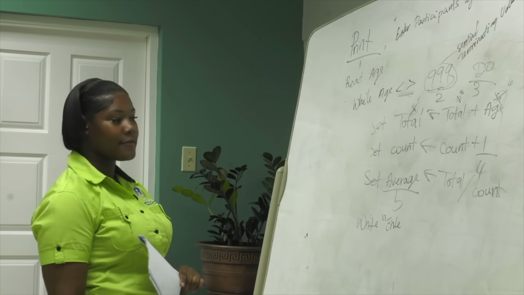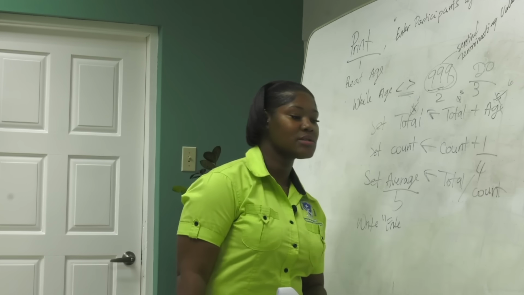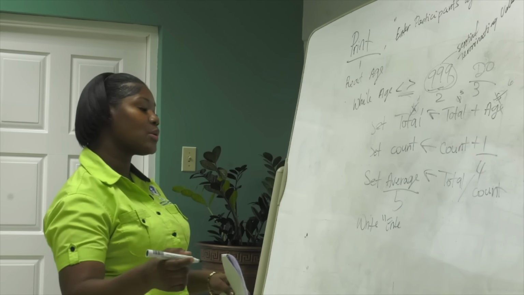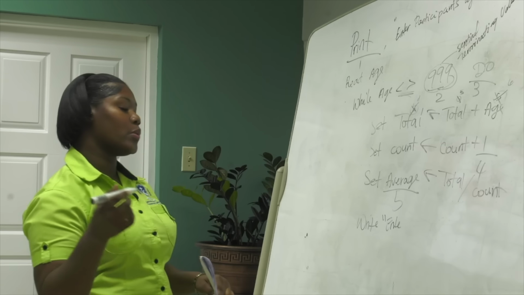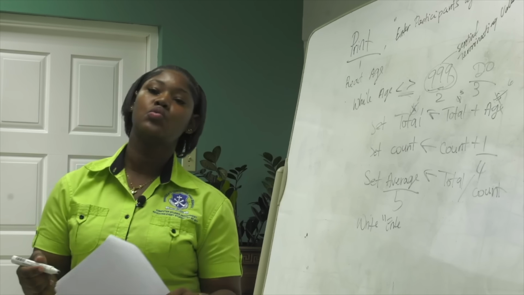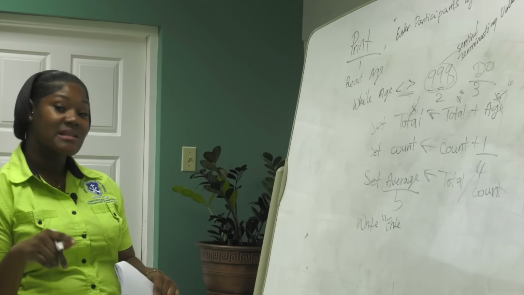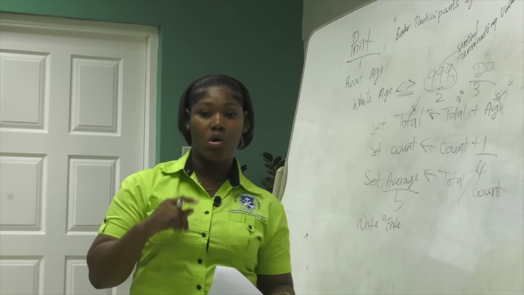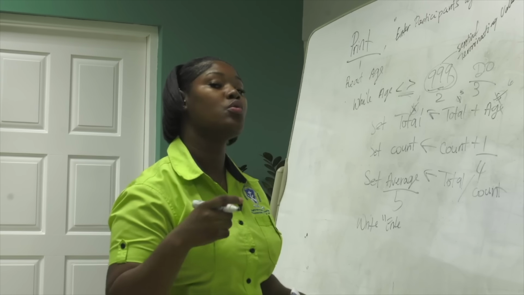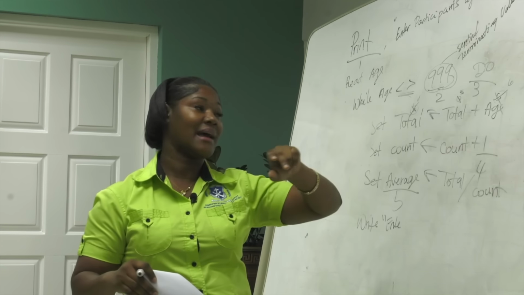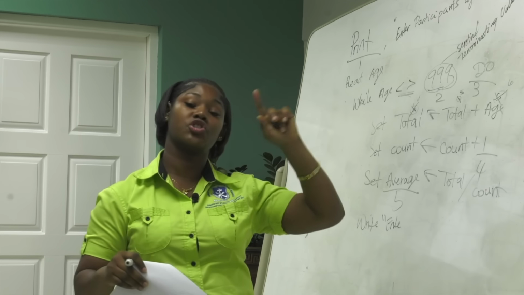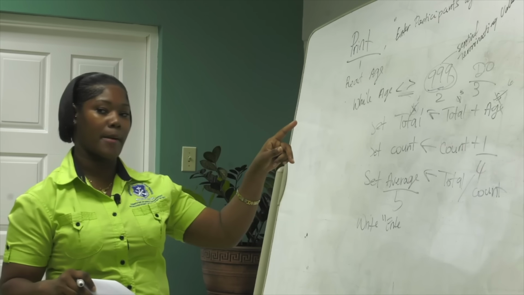We set average to total divided by count. And as I was saying before, why total divided by count? Remember, I stated earlier, our loop is an indefinite loop, which means that we are not sure how many times the loop will run before the person decides to enter 999, the sentinel or terminating value to stop the program, right?